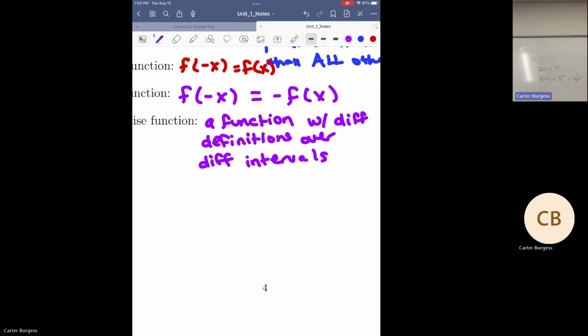Or maybe this is a function that likes to pretend to be 12 when we are between -1 and 1, but is acting like the x^3 function everywhere else. These are functions that are broken apart into different pieces, and so we treat each piece separately for our definition of the function.